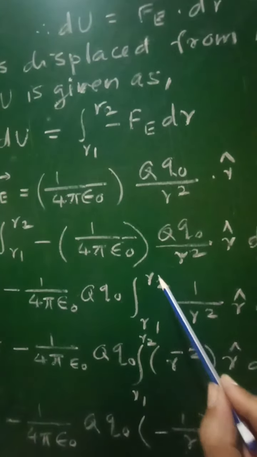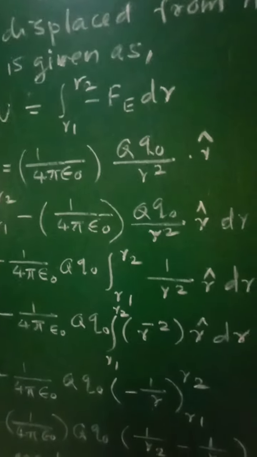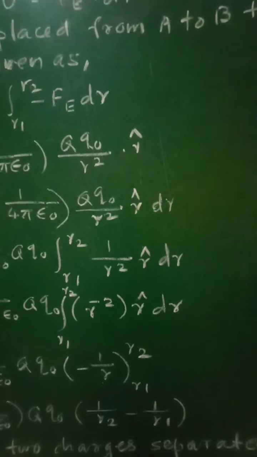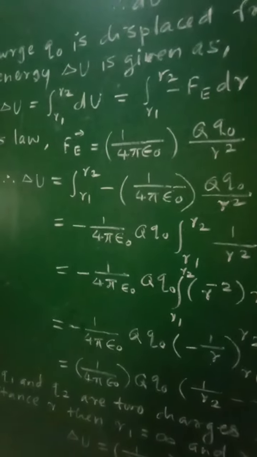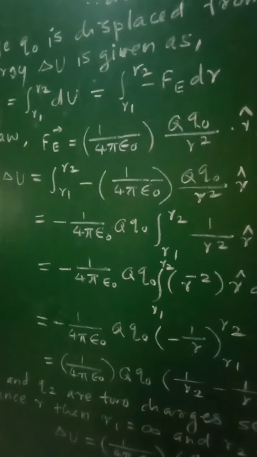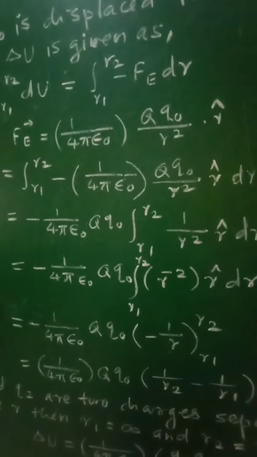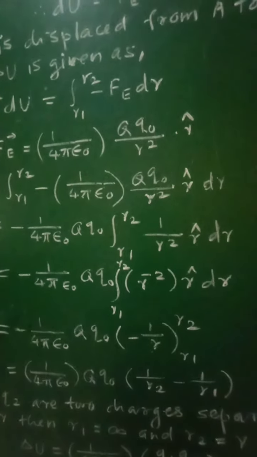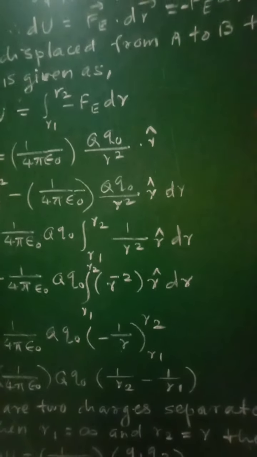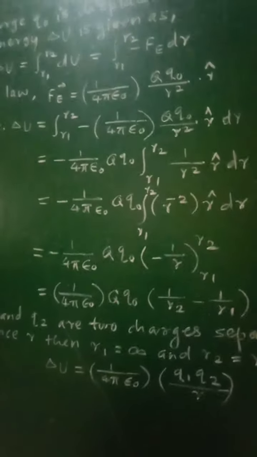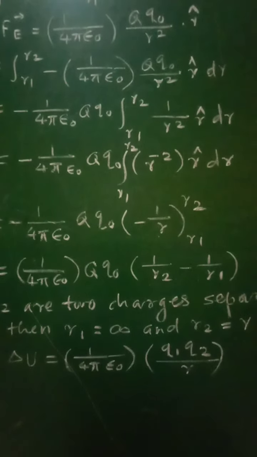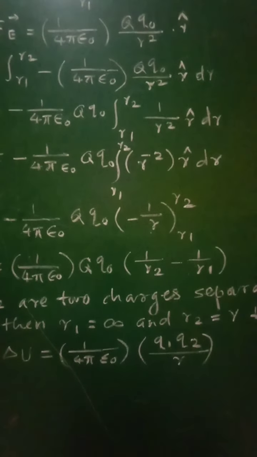Then r1 and r2 will be the limits of integration, and hence the integration of 1 upon r square dr. 1 by r square will be written as r raised to minus 2, and therefore delta U will be equal to minus 1 upon 4 pi epsilon 0 q0 into minus 1 by r from r1 to r2.